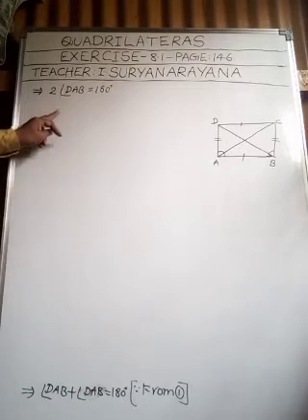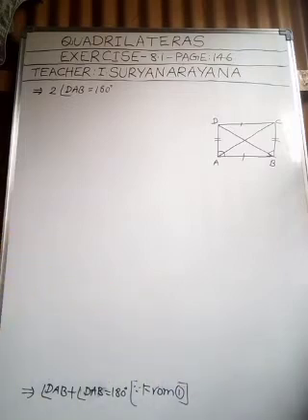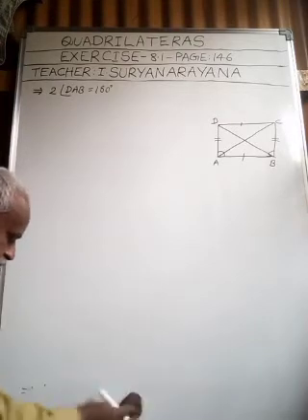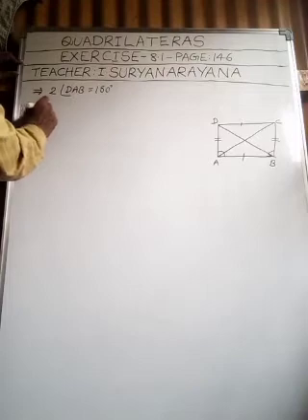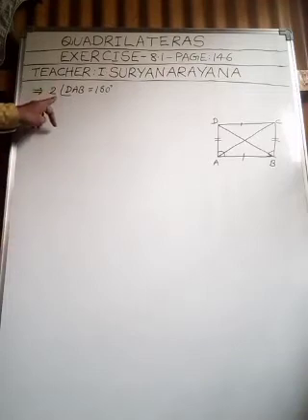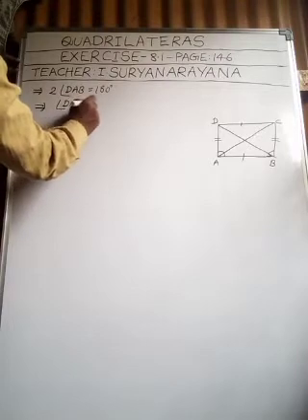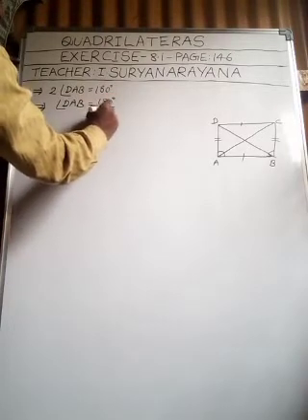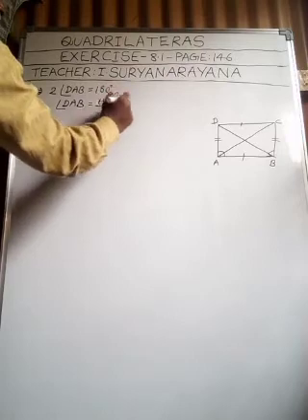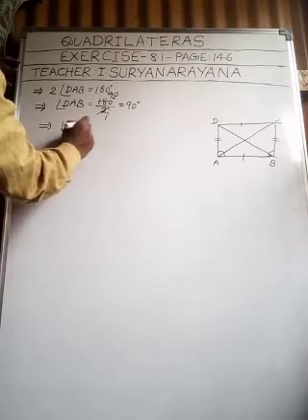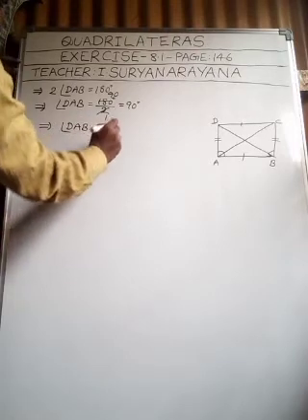Let us transpose 2 to the right-hand side. Then angle DAB is equal to 180 degrees divided by 2. So angle DAB is equal to 90 degrees.